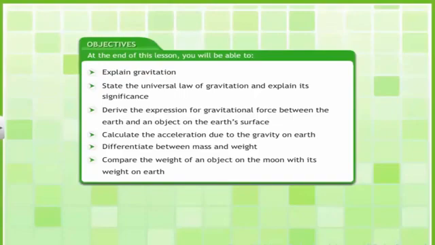At the end of this lesson, you will be able to explain gravitation, state the universal law of gravitation and explain its significance, derive the expression for gravitational force between the Earth and an object on the Earth's surface, calculate the acceleration due to gravity on Earth, differentiate between mass and weight, and compare the weight of an object on the Moon with its weight on Earth.